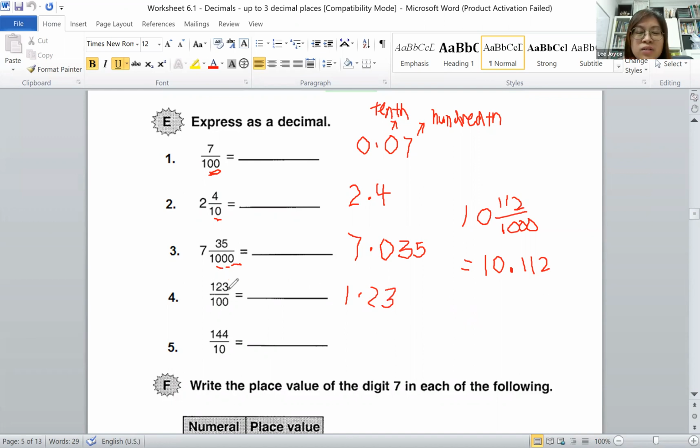All right, now why 1.23? Because this 123 is already more than 100. So here I can make a whole, one whole. Actually, if I express this as a fraction, it will be a 1 whole and 23 out of 100. All right, so therefore it should be 1.23. Okay, good, Christabel. All right, so that is the answer. Okay, now what about question 5? Sarah, what is your answer for question 5? 144 over 10.